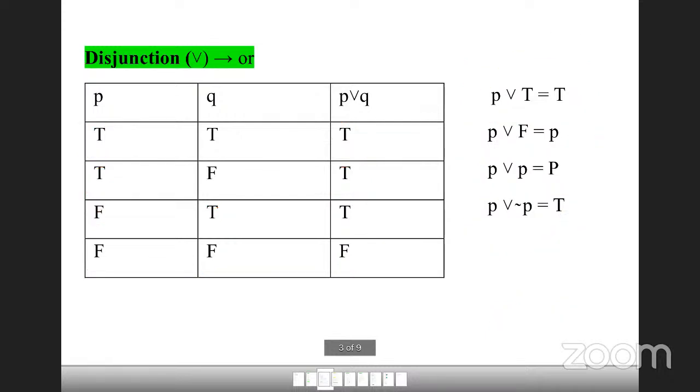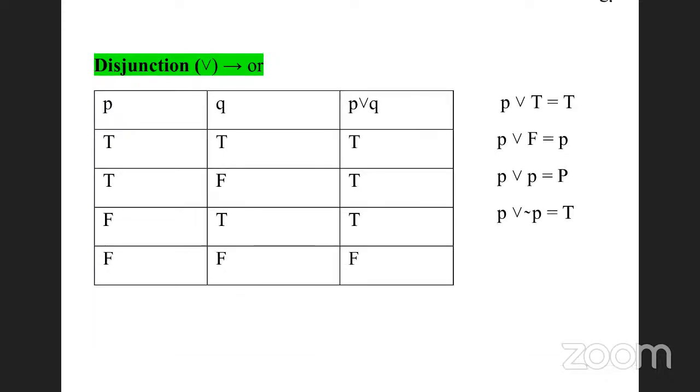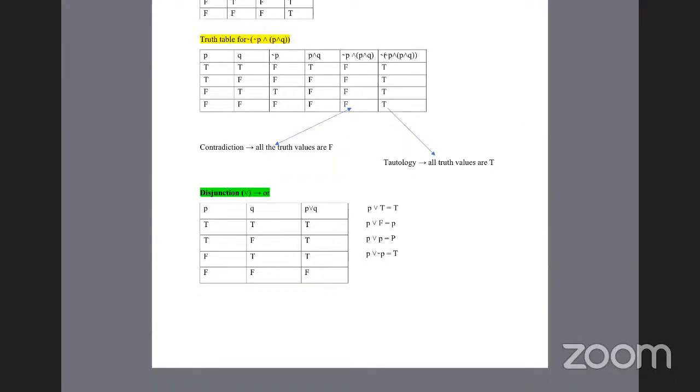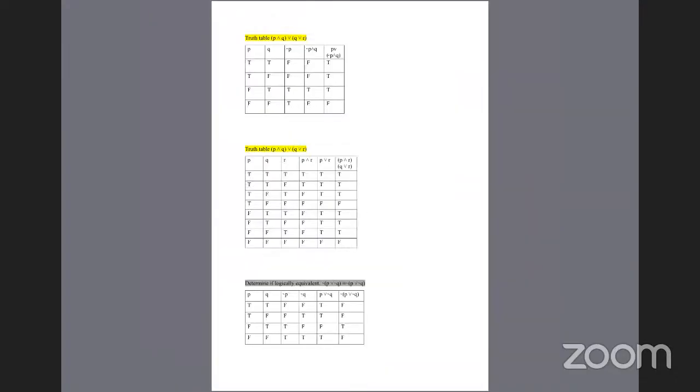I'll show you how to use the rules later on. So that is your disjunction. That's just a conjunction. So you have to look at this symbol here. So that's disjunction.